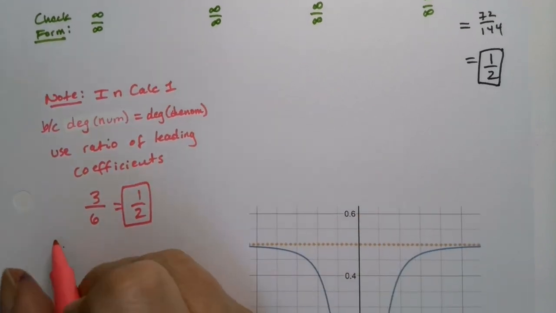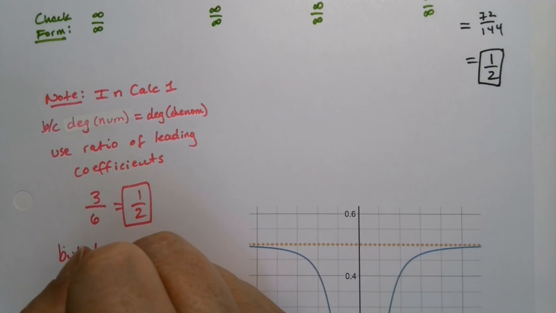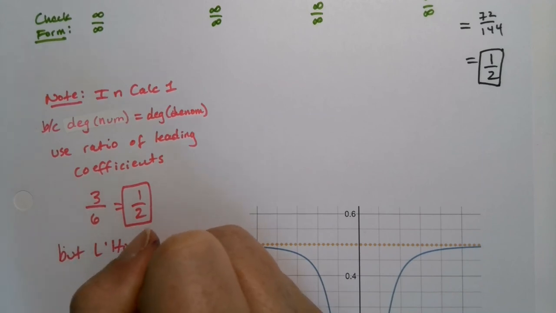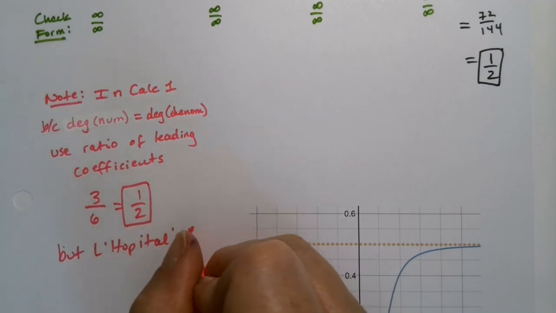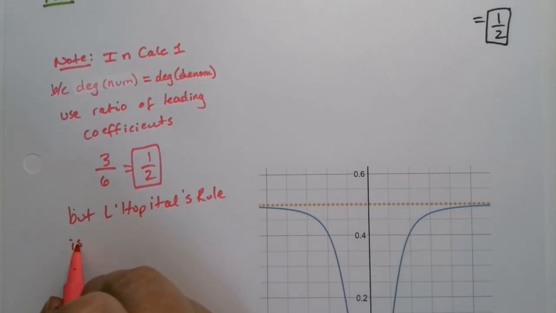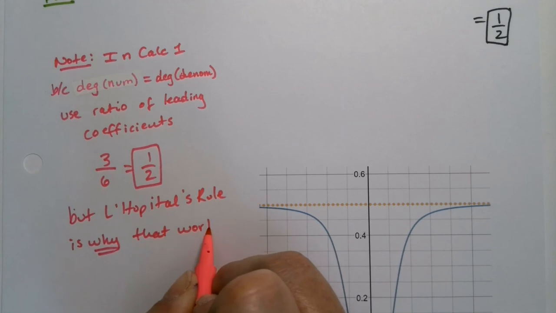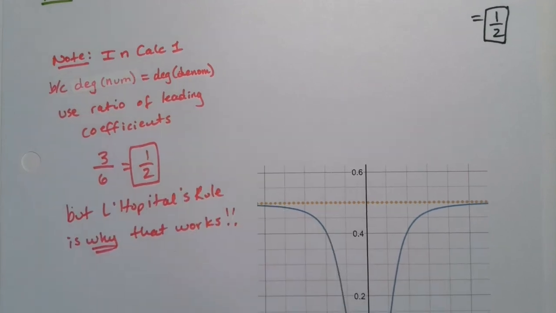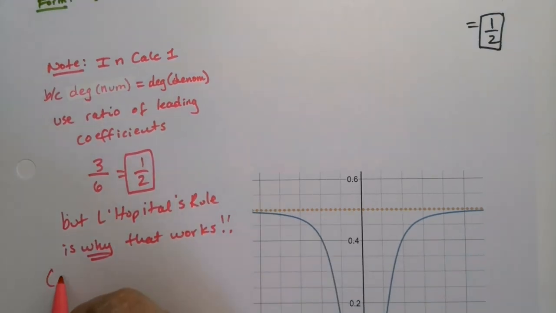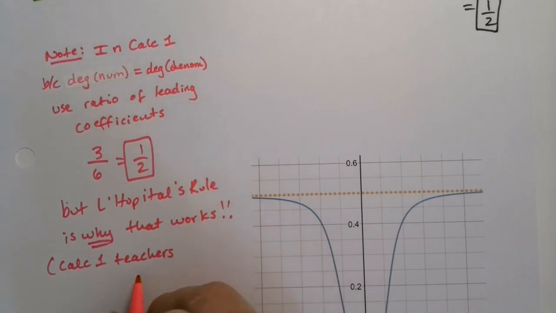But they're cheating, right? But L'Hopital's rule is why that works. They just didn't tell you in Calc 1. Your Calculus 1 teachers cheated. And I say that with no malice because I'm a Calc 1 teacher and I do this all the time.